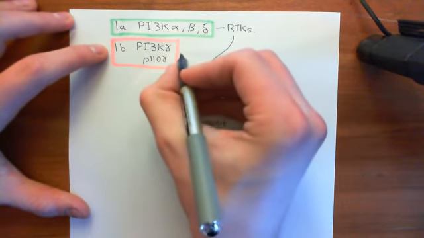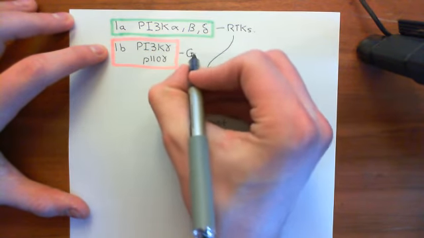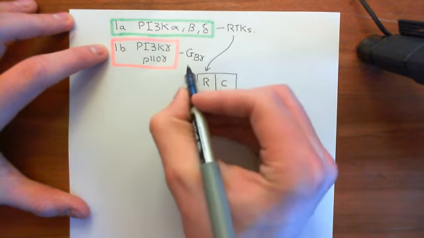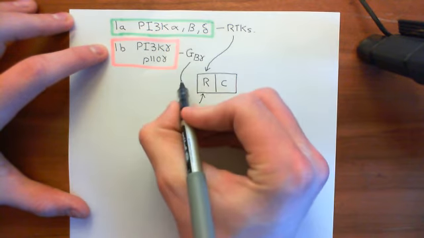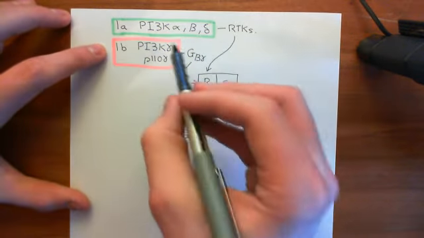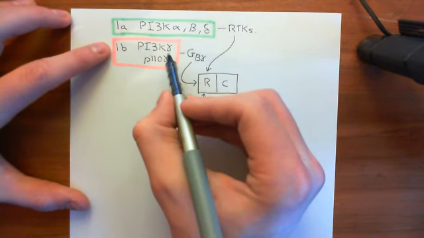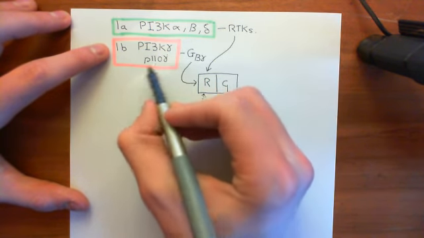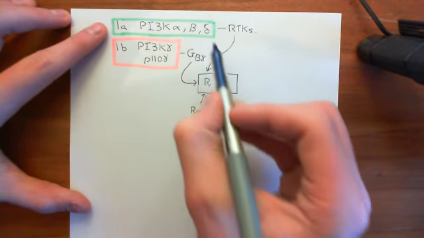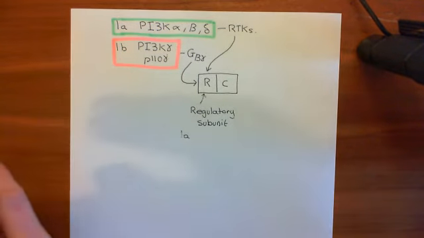If you're a type 1B, you're going to be activated by the beta-gamma complex of heterotrimeric G proteins. Once again, they will act on your regulatory subunit. So it therefore makes sense that these type 1B PI3 kinase enzymes are going to have different regulatory subunits to the type 1A PI3 kinase enzymes.